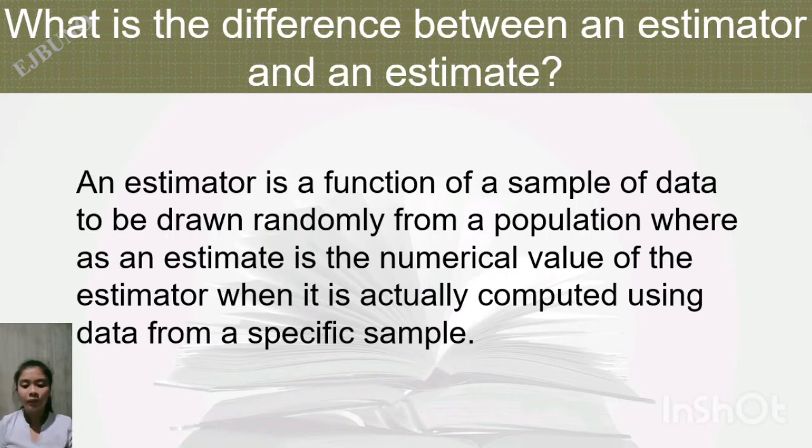What is the difference between an estimator and an estimate? An estimator is a function of sample data to be drawn randomly from a population, whereas an estimate is the numerical value of the estimator when it is actually computed from the specific sample.